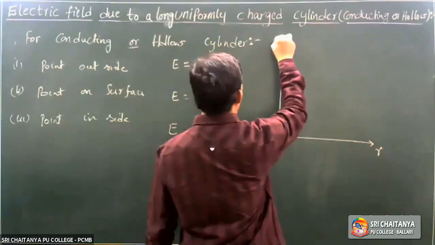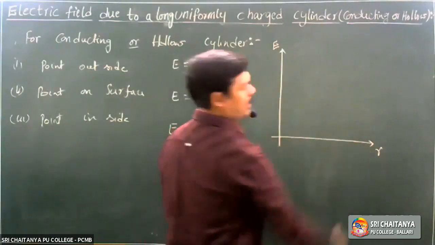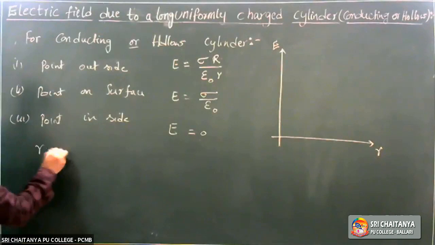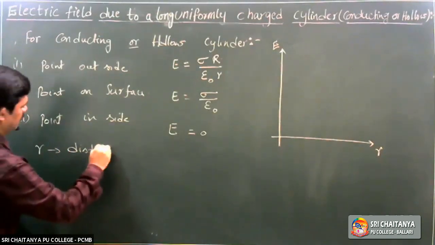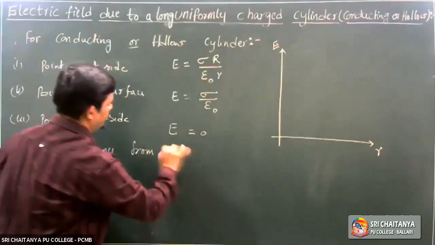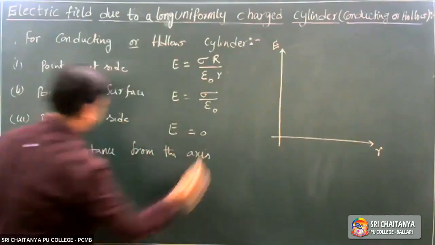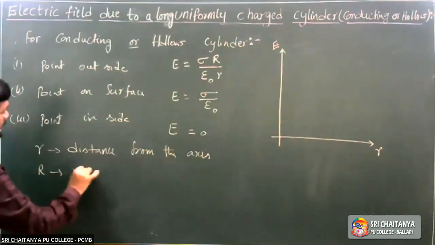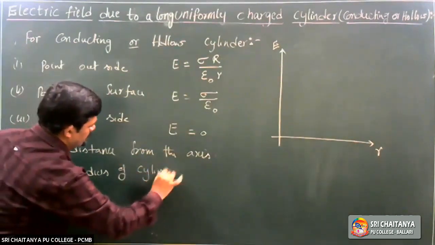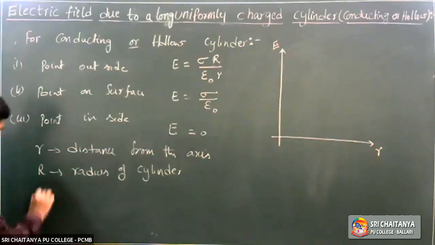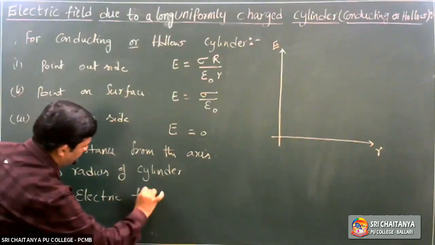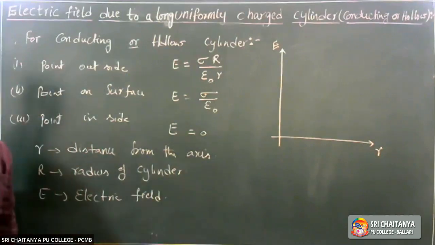R and E. R is the distance from the axis, the radius. E is the electric field.